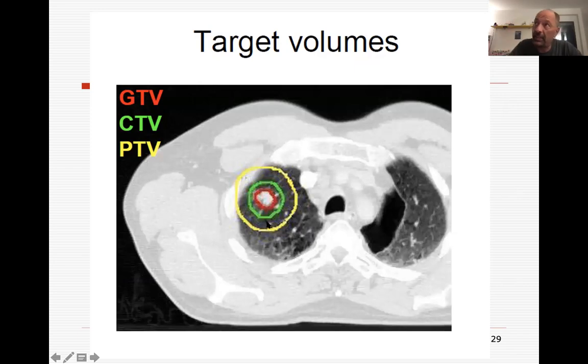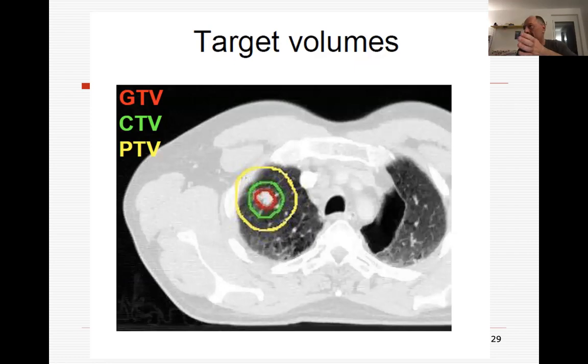The medical physicist will consider the PTV as the region where you want to give 100% of the dose. Actually, if you remember the dose volume histogram, you want to give, let's say, V90 to be 99% of the volume, of the dose.